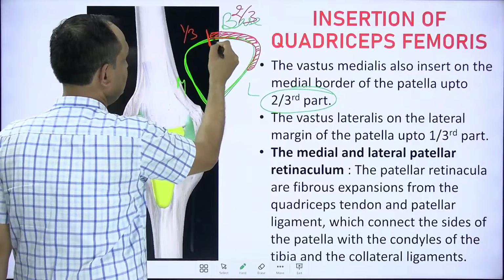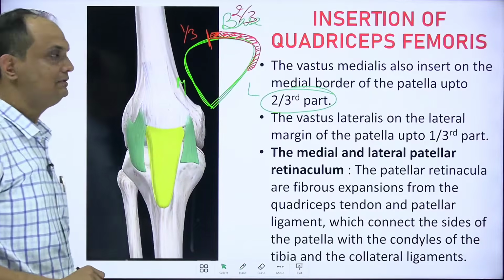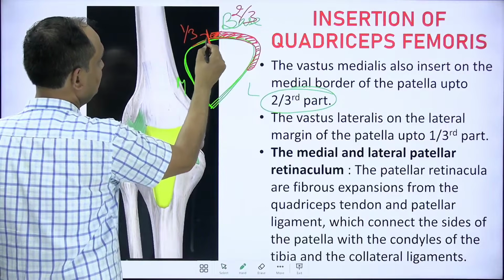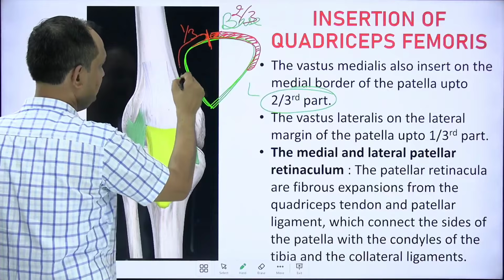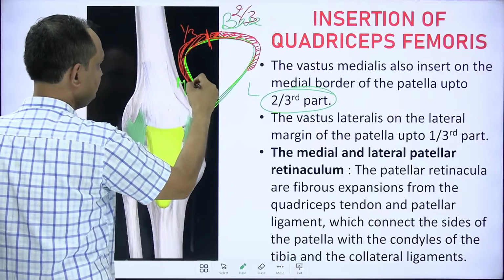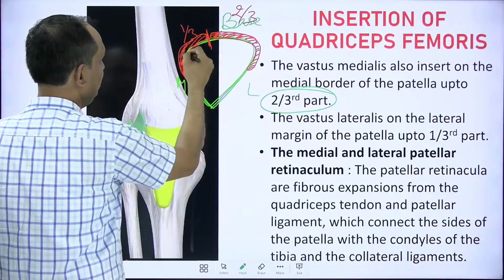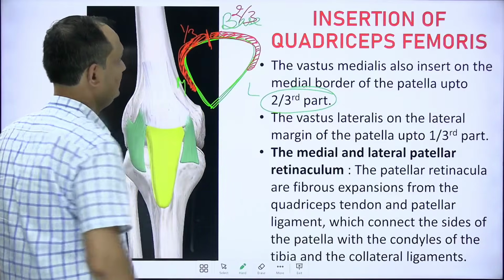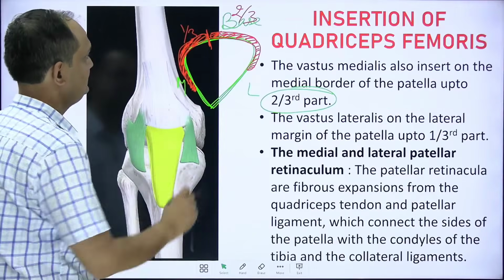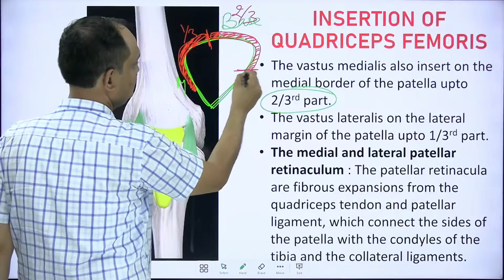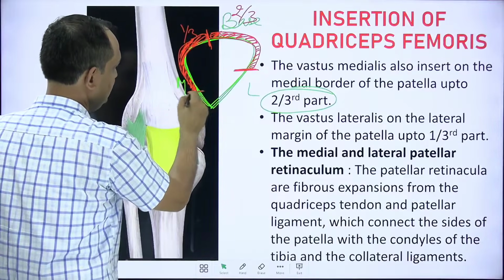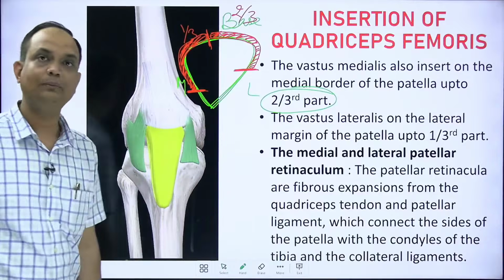But the vastus medialis is attached on the medial 1/3 of the base and upper 2/3 of the medial border of the patella. So, now you can understand that vastus lateralis has a higher insertion on the patella, while vastus medialis has a lower insertion on the patella.